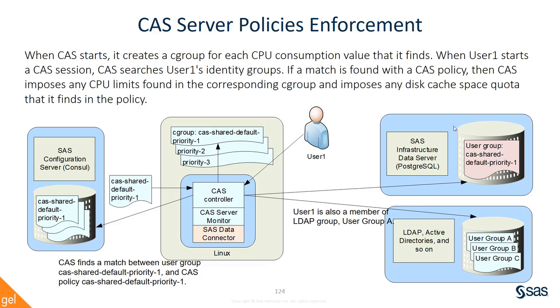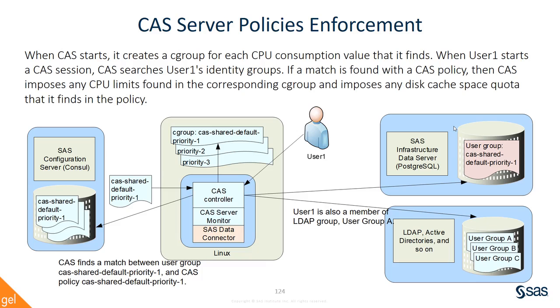It will then associate the users to those policies based on their custom group membership. And then when CAS runs their process owned by that user, it knows how many shares to allocate to that particular group.